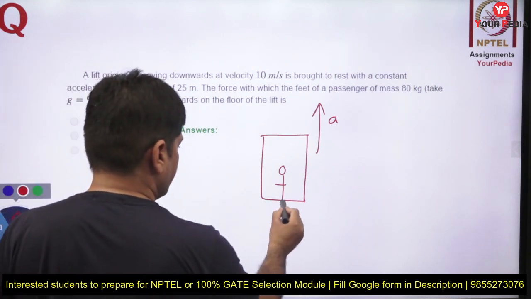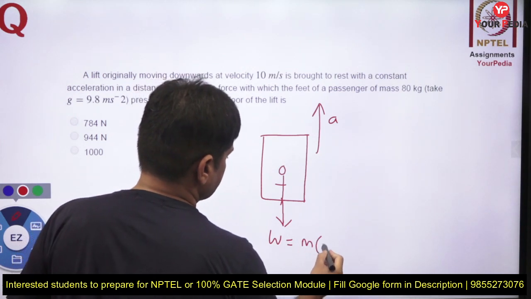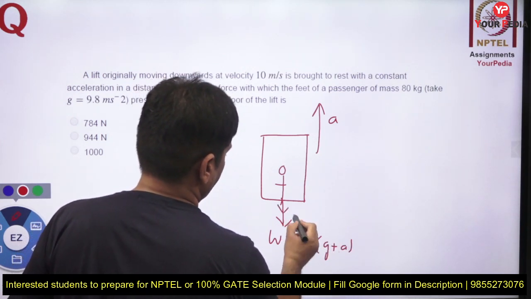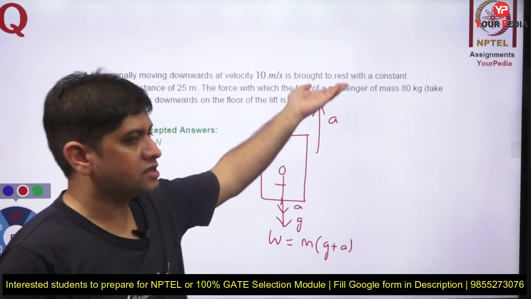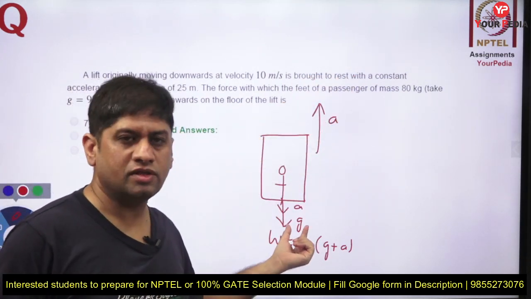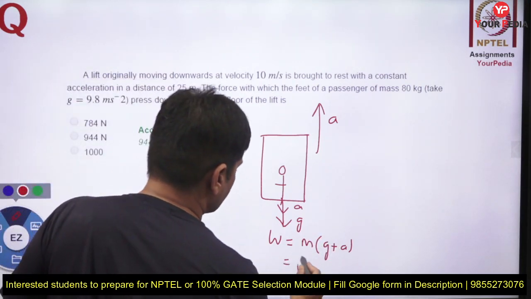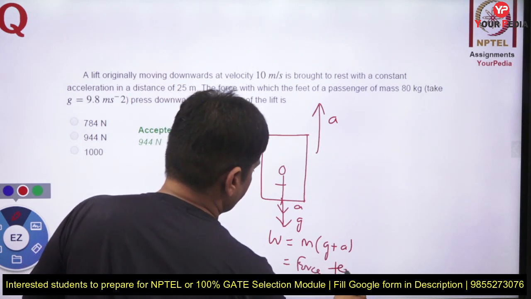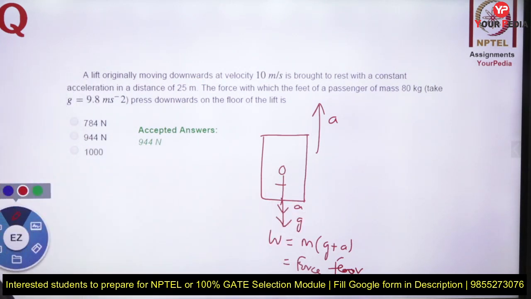If lift is accelerating upward, the apparent weight of this passenger is its mass into g plus a. Acceleration due to gravity always acts downward, and if lift is accelerated upward, then reactionary acceleration acts downward, and g is added with a, so a plus g. So this is the apparent weight, which is also the force it applies on the floor. If the apparent weight of the passenger is W, then this is also the weight or the force with which the passenger applies on the floor.